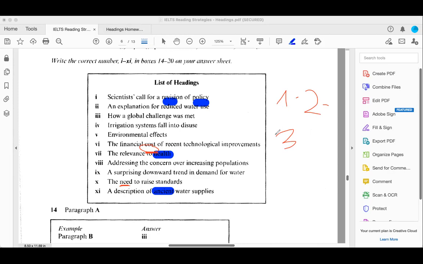Any questions before we conclude this class, guys? Is it the same way with questions like multiple choice? No, it's a bit different. True, false, not given is different. So headings are a bit particular. There are other strategies for multiple choice. For multiple choice it's a good idea to start with the question, actually.